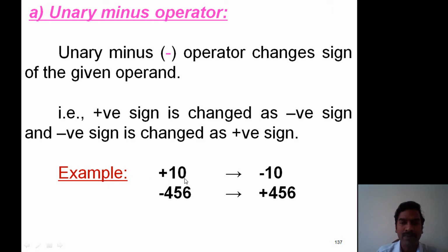Observe this example, plus 10. When we apply the minus operator, it becomes minus 10. Minus 456, when we apply the minus operator, minus minus becomes plus, hence this one is plus 456. So this is the unary minus operator.